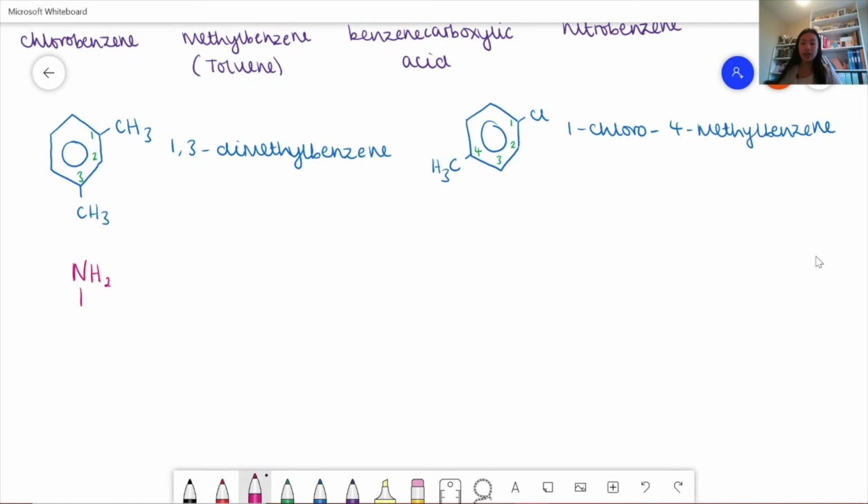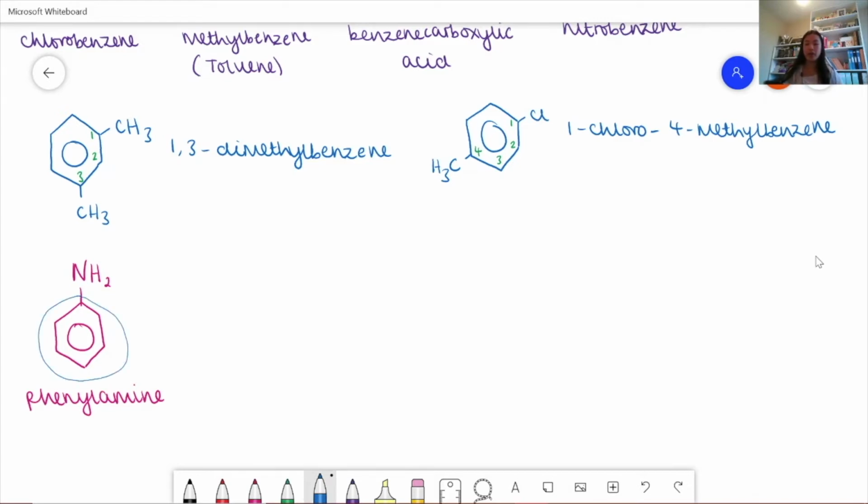So we have NH2 attached to the benzene, and we would call this phenylamine, because this bit here is the C6H5 group, and we call this phenyl when it's connected to something else that takes priority.